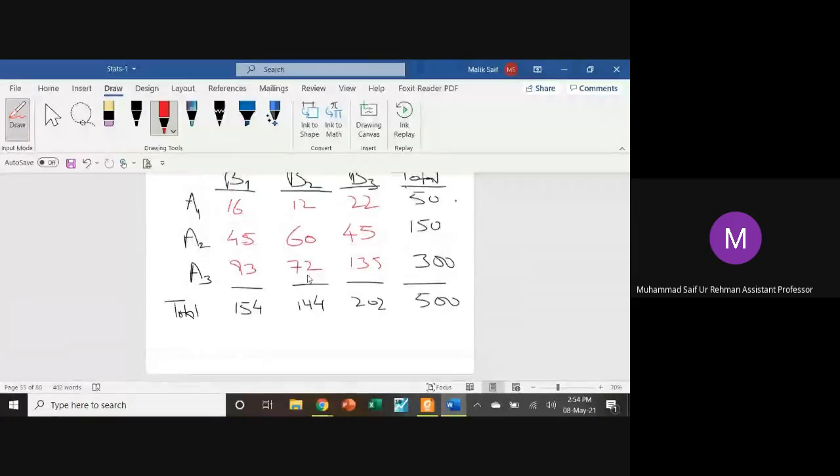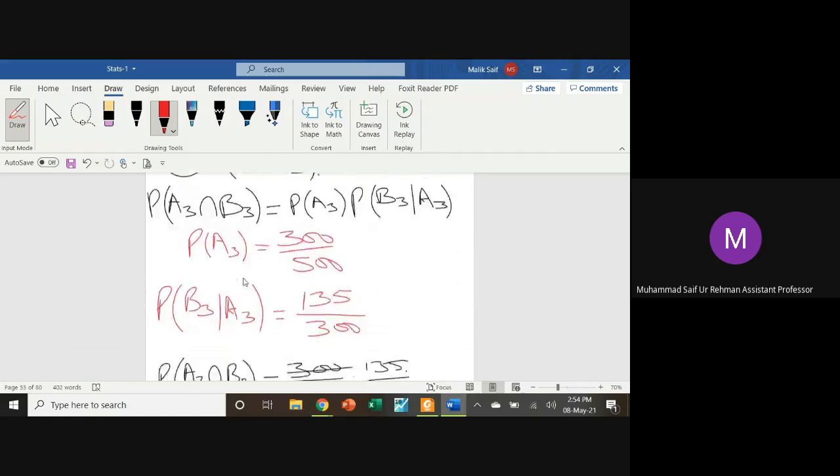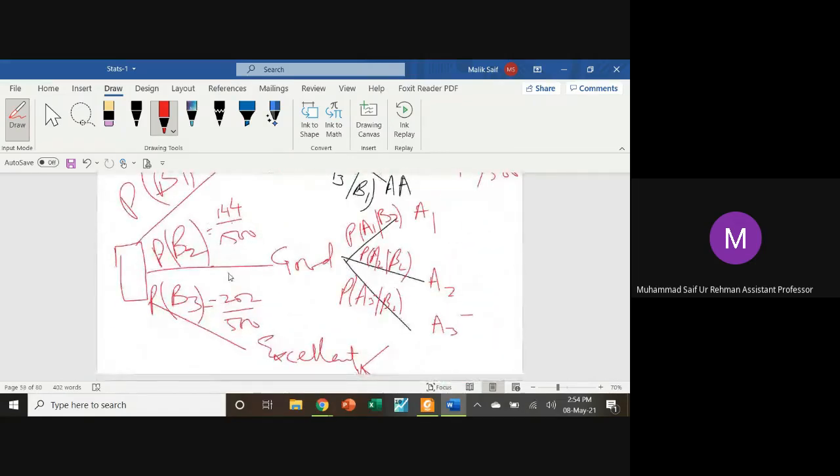This 144 will be cancelled out with 154, and you will remain with these values: 12, 60, 72, divided by 500, divided by 500, divided by 500.